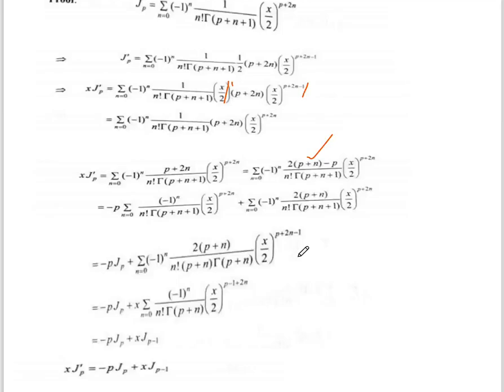If you observe, this term can be written as (x by 2) to the power p plus 2n minus 1 into x by 2 times x, to the power p plus 2n minus 1. We can write it in this way.